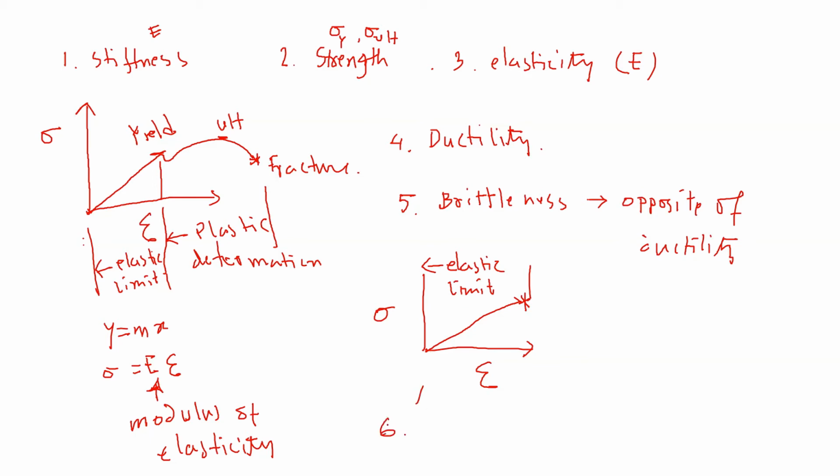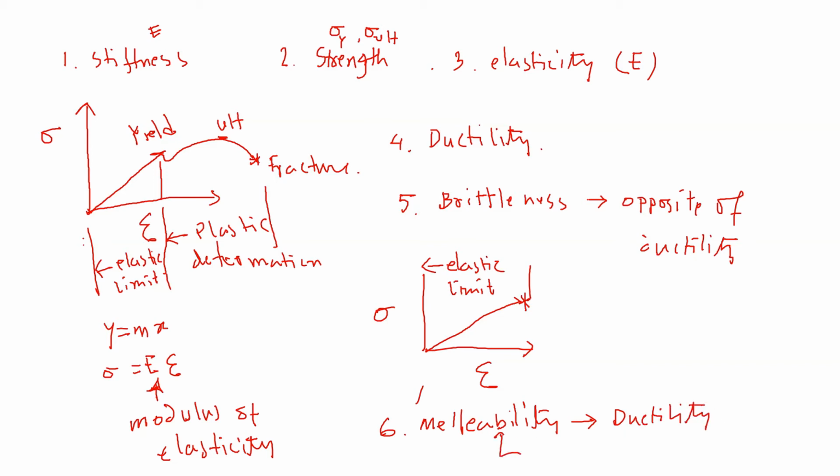The number 6 is the malleability, which is similar to ductility but under compressive load.